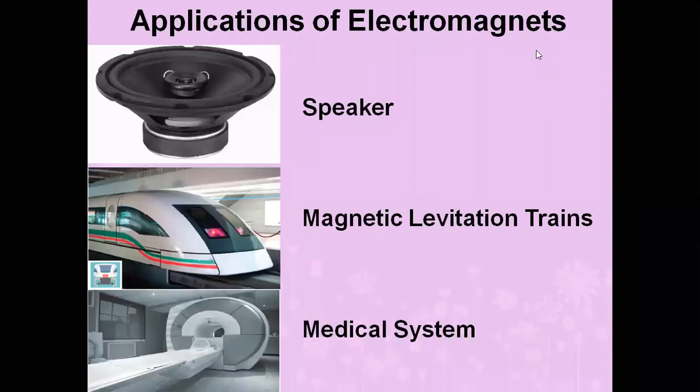The first one is the speaker. The speaker contains a permanent magnet. In front of the permanent magnet, we find an electromagnet. The permanent magnet does not move, but the electromagnet is moving.